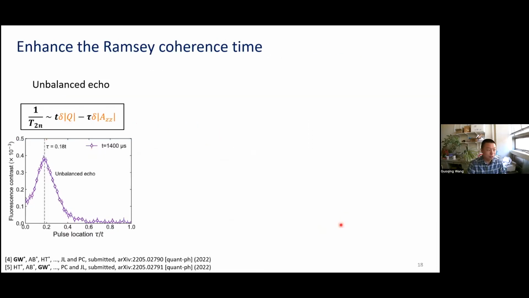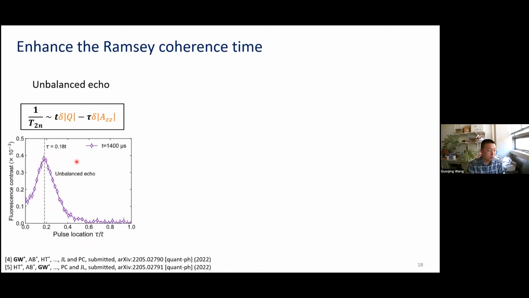This is demonstrated in our experiment. When we sweep the pulse location and look at the coherence property of the qubit, we see that the optimal coherence is achieved when the pulse location is at 0.18.